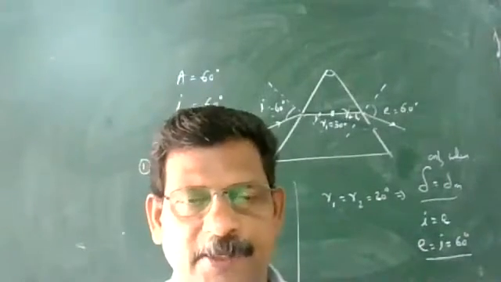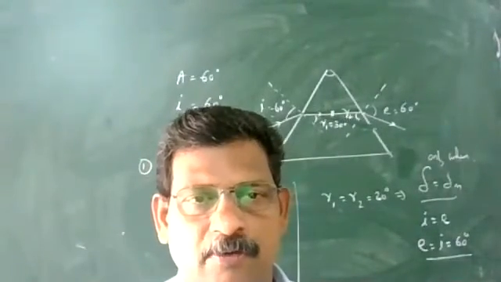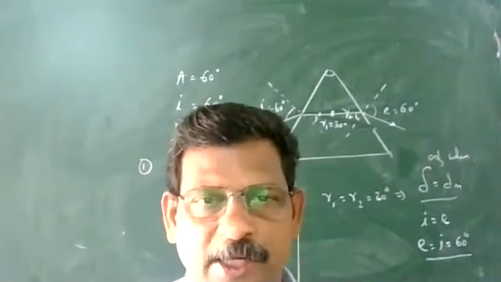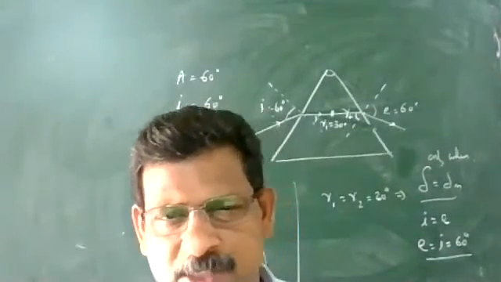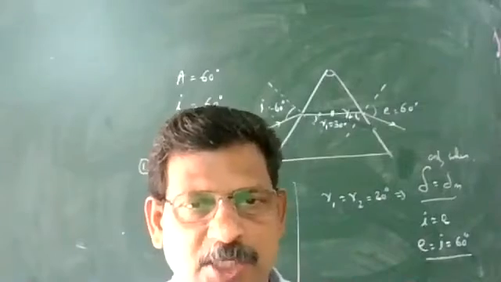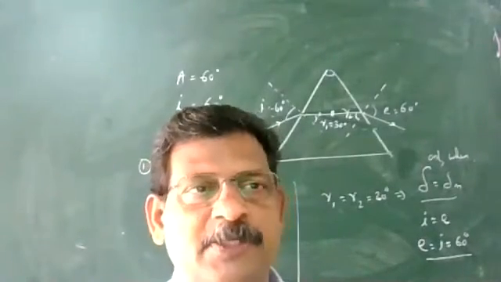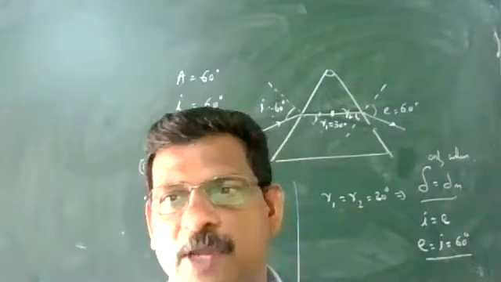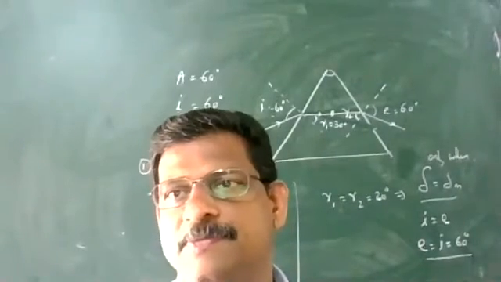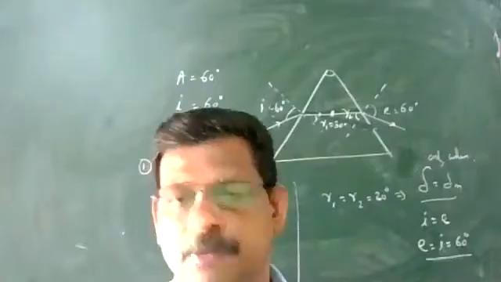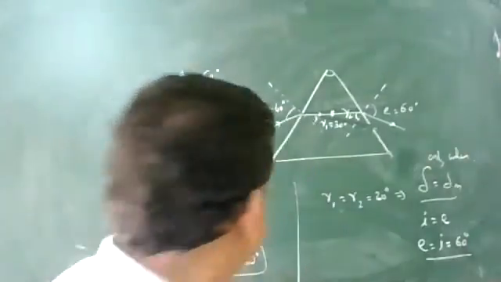All 7 colors are there, the visible spectrum. When white light is passing through a glass prism, all colors are separated. That splitting of white light into its constituent colors while passing through the prism is known as dispersion of light.